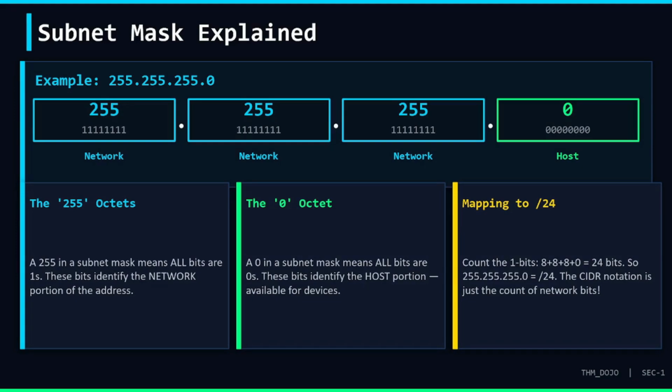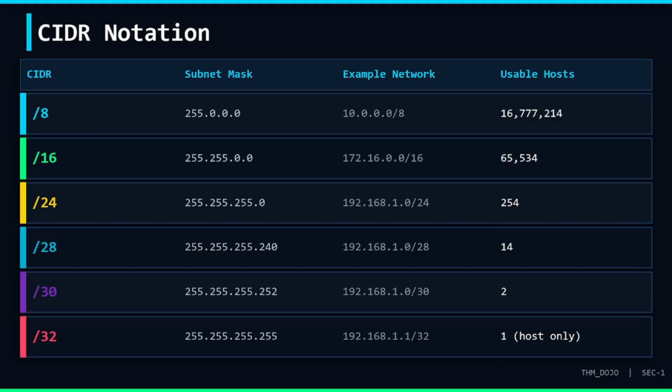A 0 octet means all bits are zeros, and these bits identify the host portion available for devices. Mapping to /24: count the one bits, 8 plus 8 plus 8 plus 0, which is 24 bits. So 255.255.255.0 equals /24. The CIDR notation is just the count of network bits.